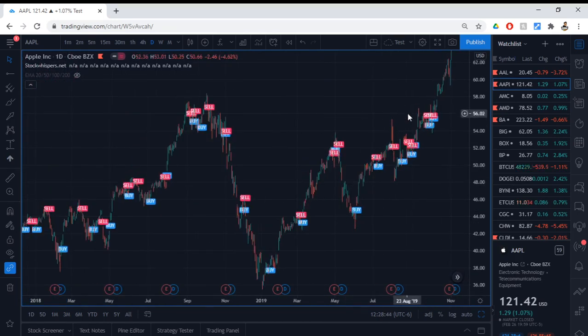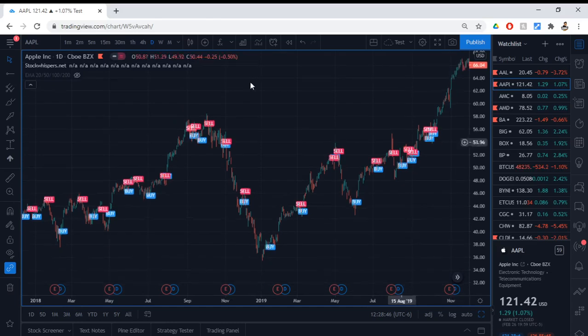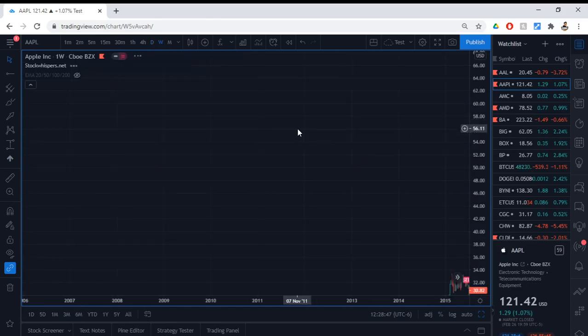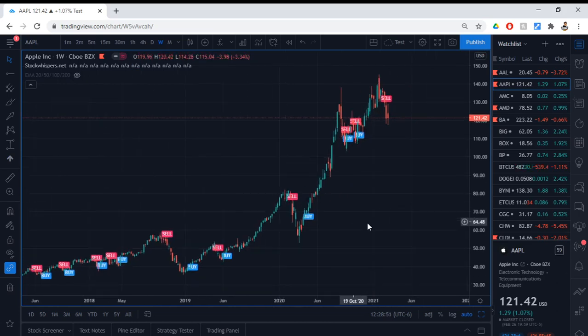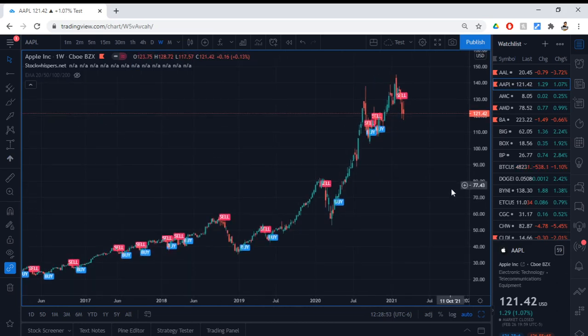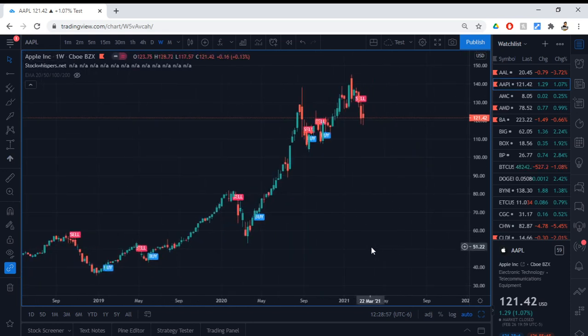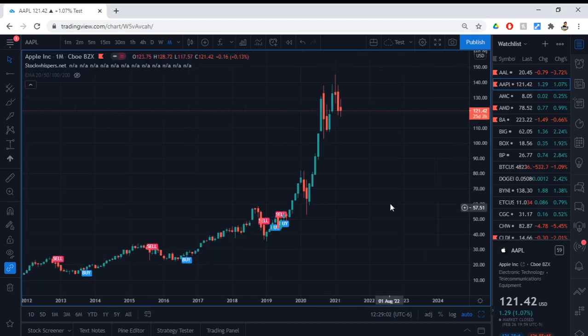Another way that I like to use these indicators is for long term trading. Look here, a weekly chart, or even a monthly chart of Apple. A buy down here in 2013, a buy here in 2016, a couple buys here in 2019.